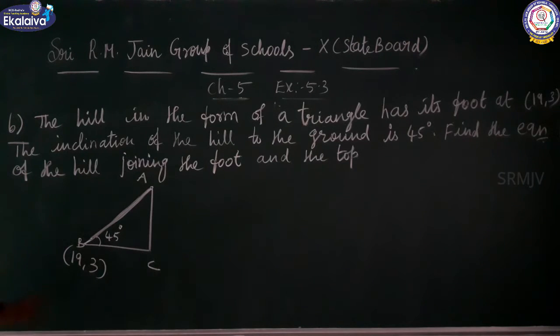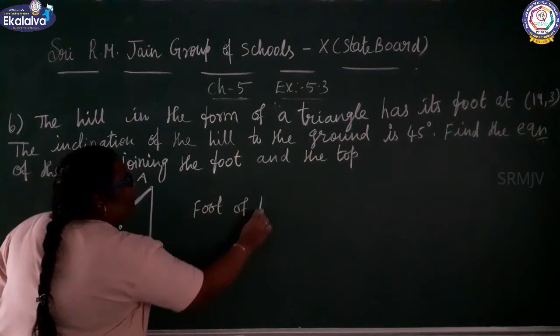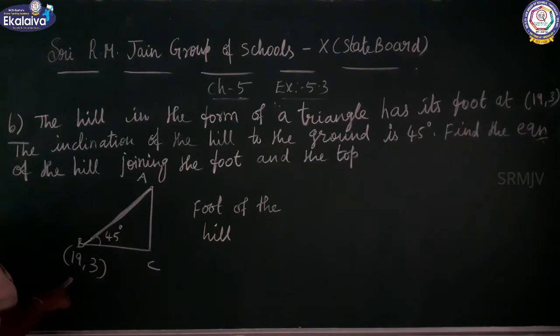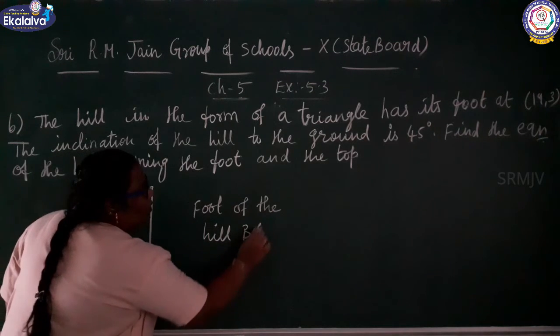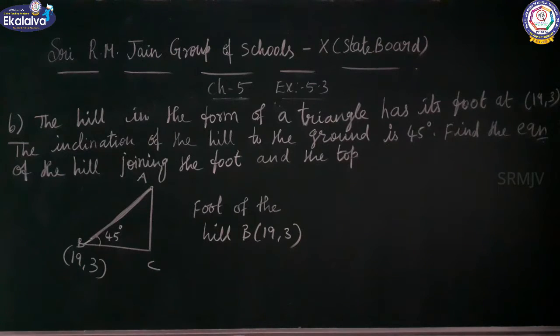What is given? The foot of the hill point is given: B equal to 19, 3.